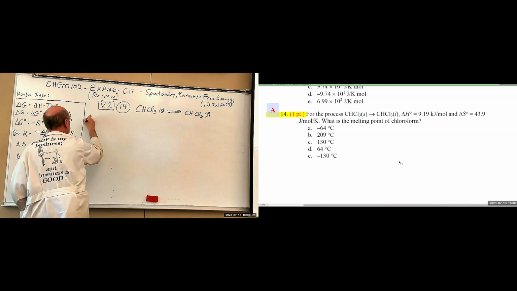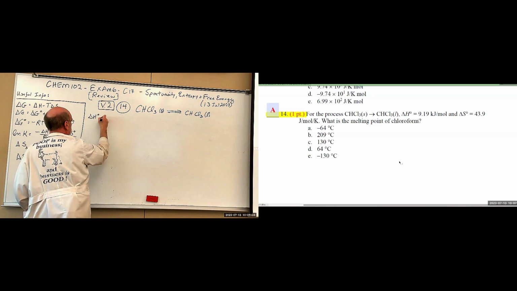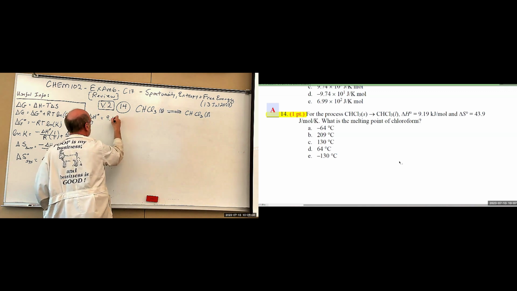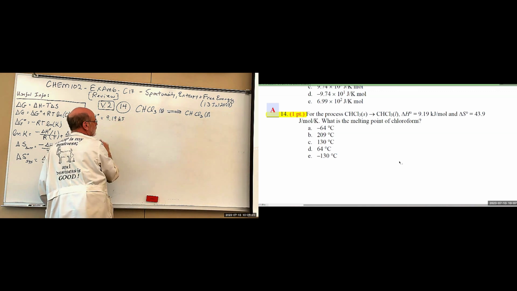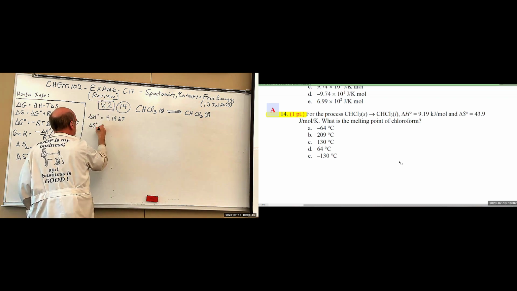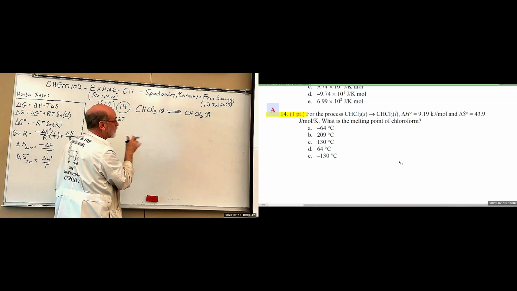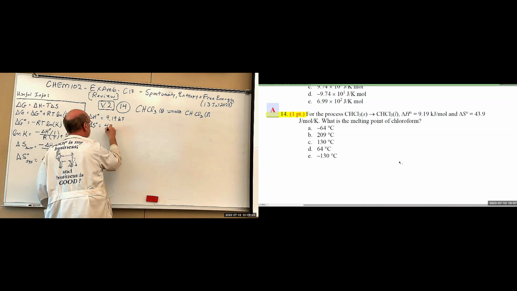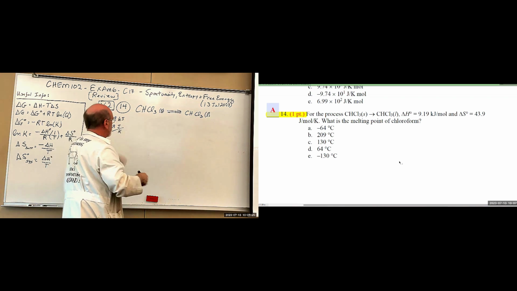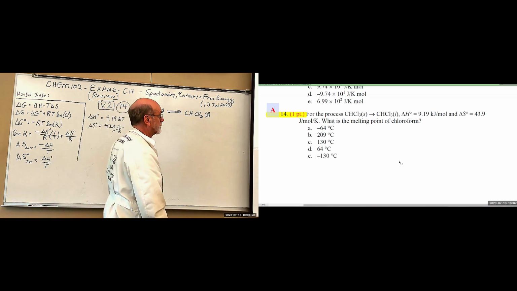Delta H is 9.19 kilojoules per mole. And delta S is 43.9 joules per mole K. But we only got 1 mole of each, so we just throw them out.